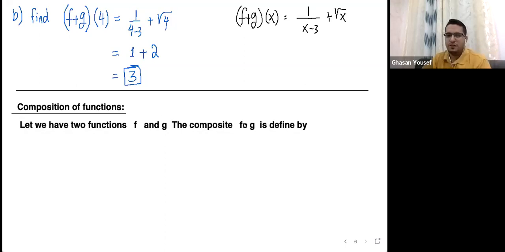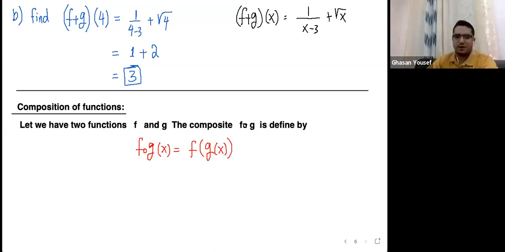The composite function f circle g is equal to f of g of x. So f circle g of x equals f of g of x.